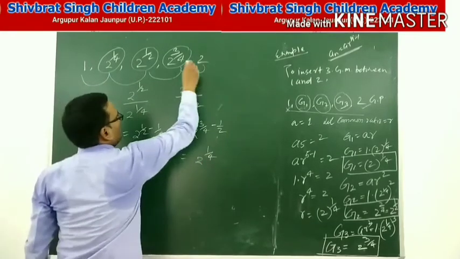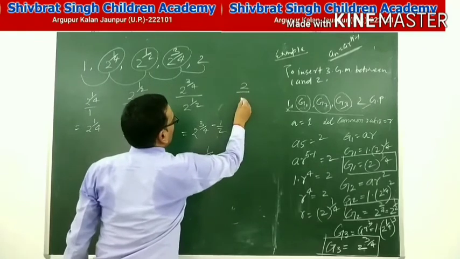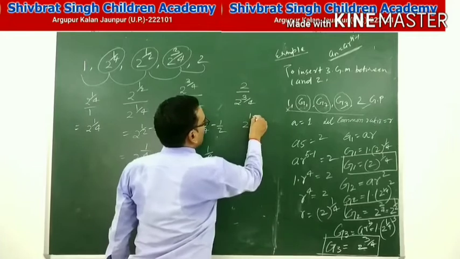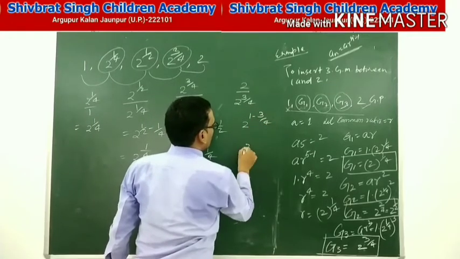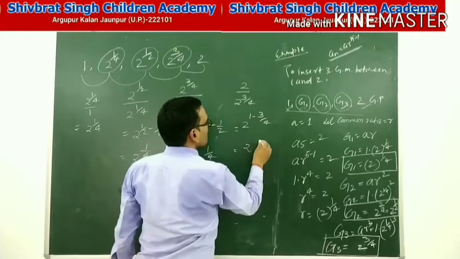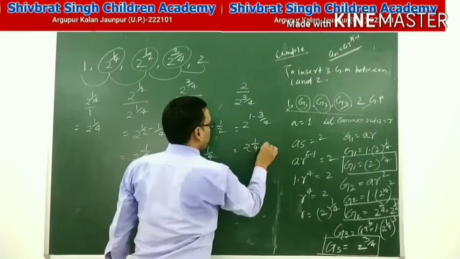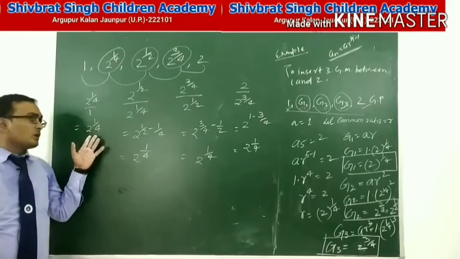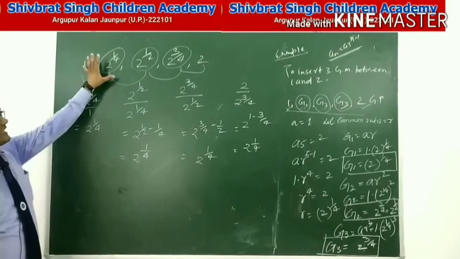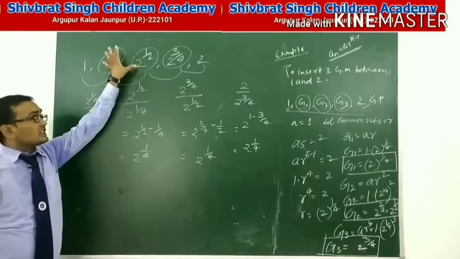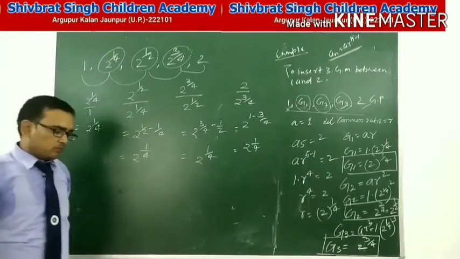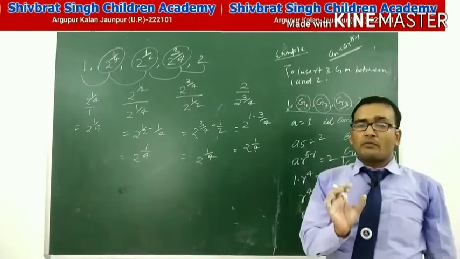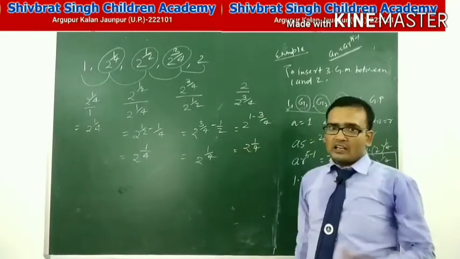And 2 upon 2 to the power 3 by 4 gives 2 to the power 1 minus 3 by 4, which is 2 to the power 1 by 4. Here the common ratio is equal, and the common ratio is 2 to the power 1 by 4. Hence this is a GP.